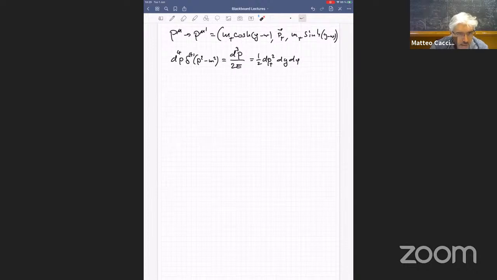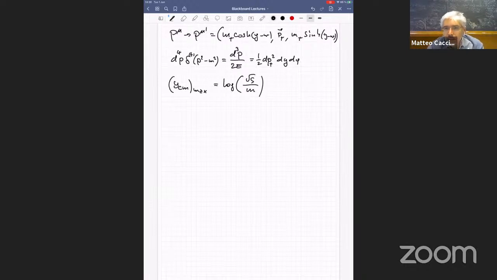Perhaps the last thing I want to say about rapidity is that one can show that the maximum value of the rapidity for the production of a particle in a given center of mass frame with center of mass energy square root of s is given by log square root of s divided by m.